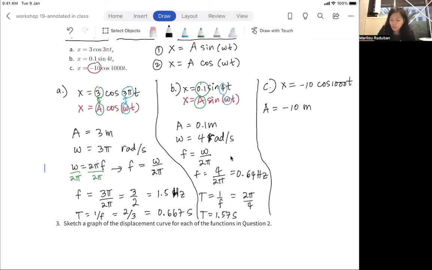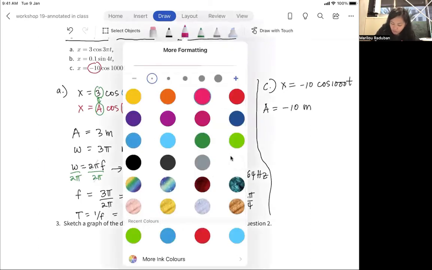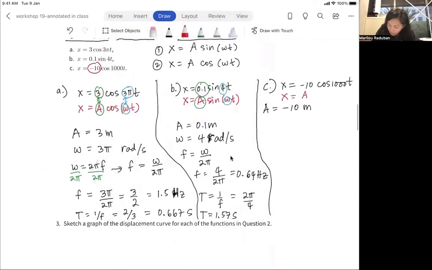Technically speaking, if you compare that to the equation x is equal to a cosine omega t, a is this whole thing before cosine, which includes the negative sign. So remember to include the negative sign as well.